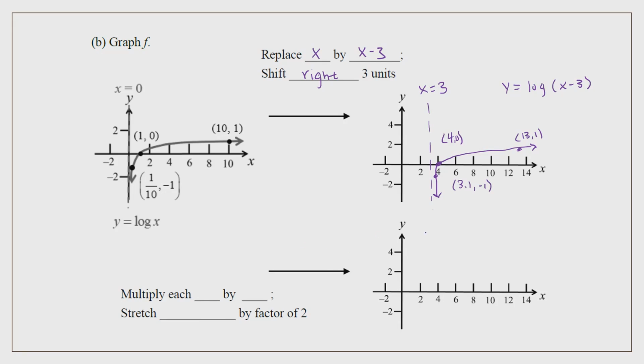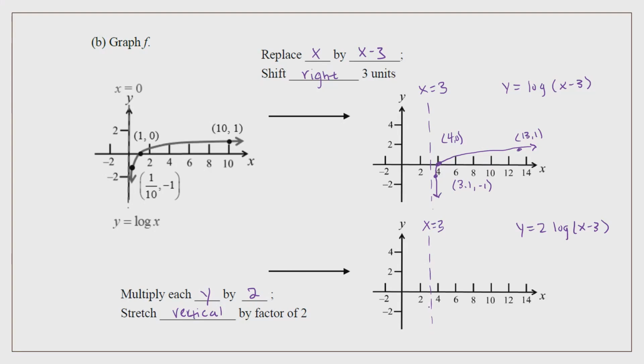So next we are going to have to multiply each y by 2. So this is going to stretch vertically by a factor of 2. Okay, so this would give us y equals 2 log of x minus 3. Since we're going to have a stretch vertically, our vertical asymptote is still going to be x equals 3.